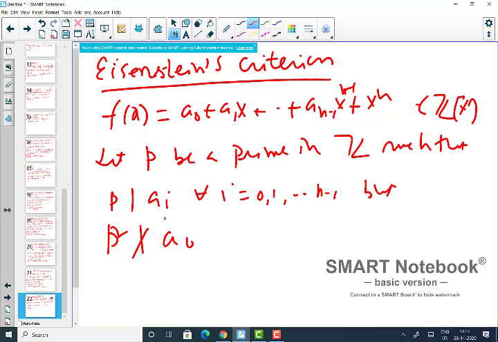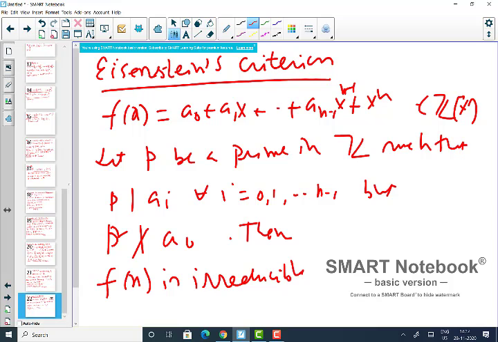That means a0 does not belong to the ideal generated by p squared. If this is the condition, then f(x) is irreducible over Z, that is, inside Z[x].